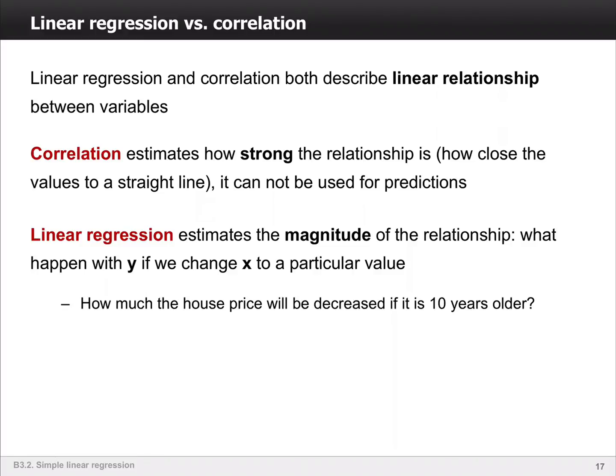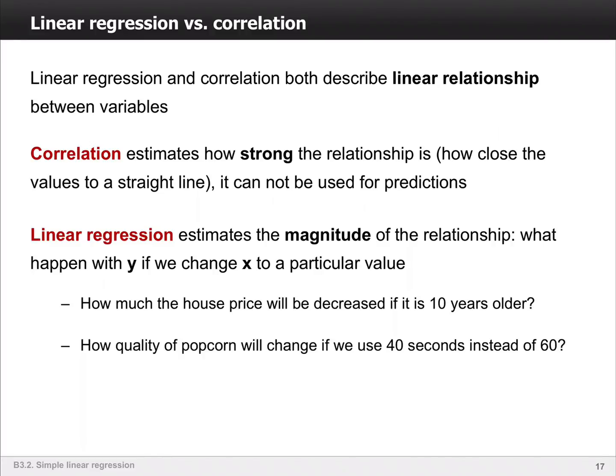And just a couple of examples. If we are talking about prediction of house price by only the age of the house, in this case the regression will tell you what happens to the price on average if the house is 10 years older. Or for example, let's say we would like to make popcorn and we use different times for that. And every time we make new popcorn, we measure the quality of this popcorn just by assessing it ourselves or with our friends.